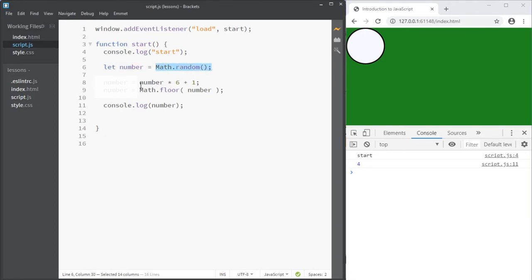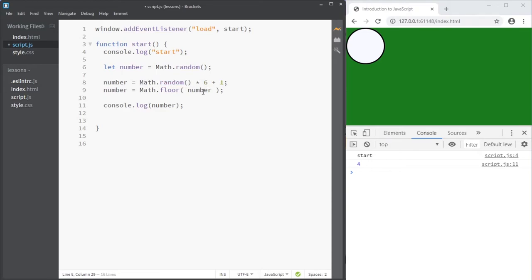So this part is the same as this part. These two would be the same. So I can just copy that part into there, not with the ending semicolon. So now we have number is a random number multiplied by 6 and then added 1.